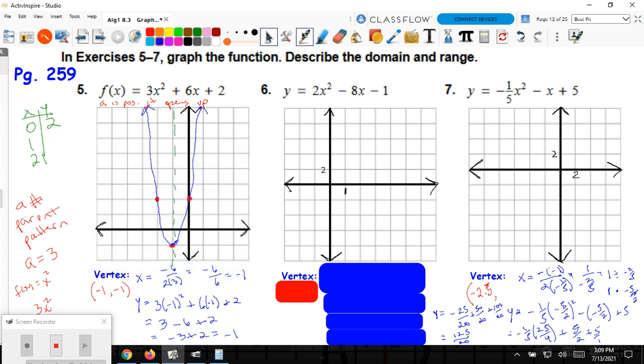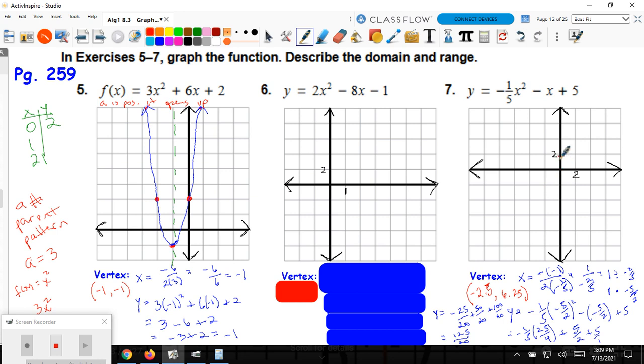So let's put that in an ordered pair here. 6.25. Okay, so now as we do this, also we want to know, is it going to open up or down? We can do that as well. Let's first plot this vertex, -2.5.